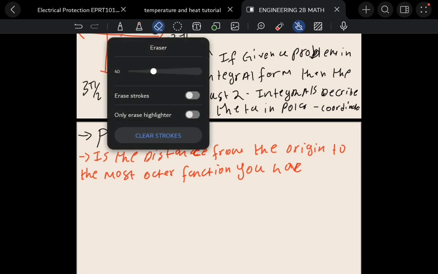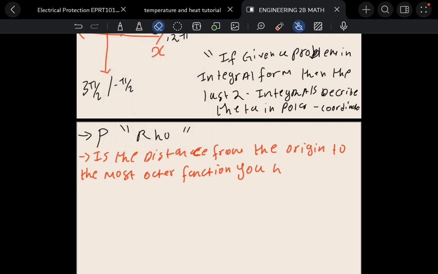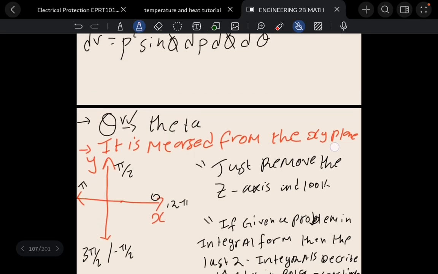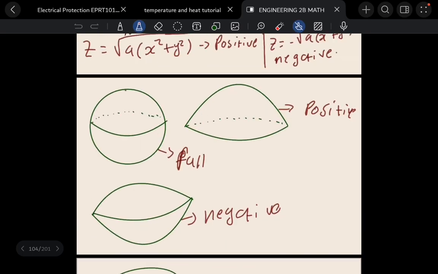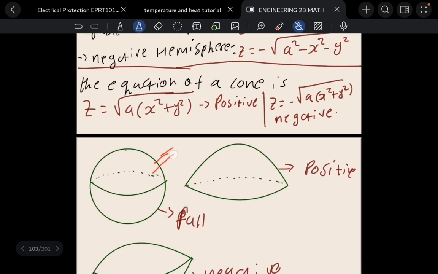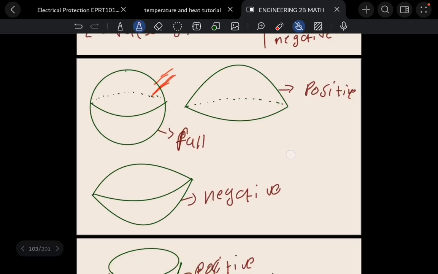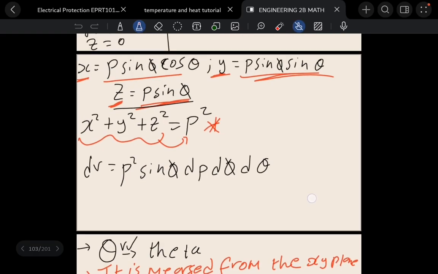Since our most outer function is going to be a sphere, it's always going to be a sphere. Our outer functions for spherical coordinates are always going to be a sphere.